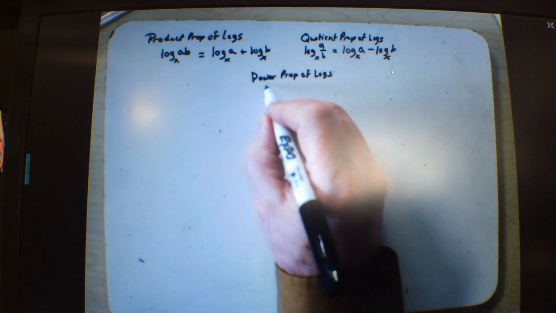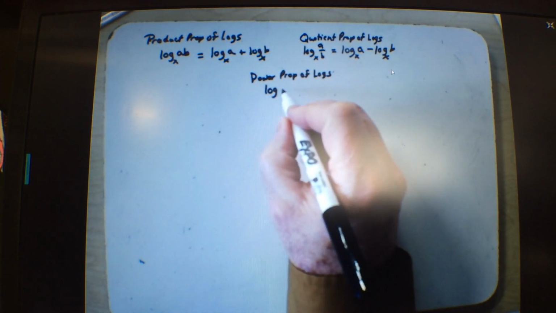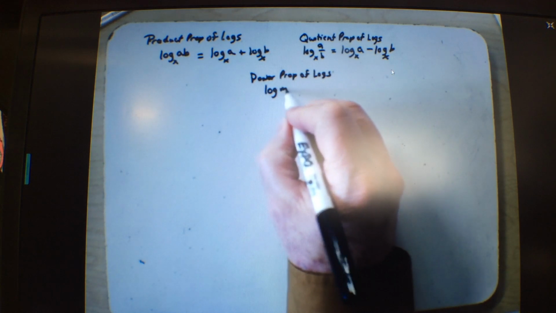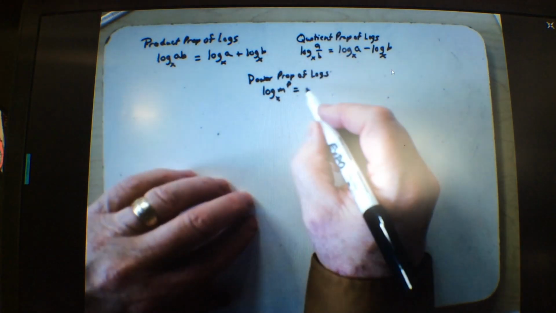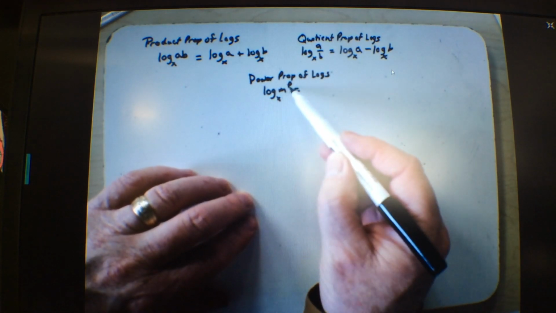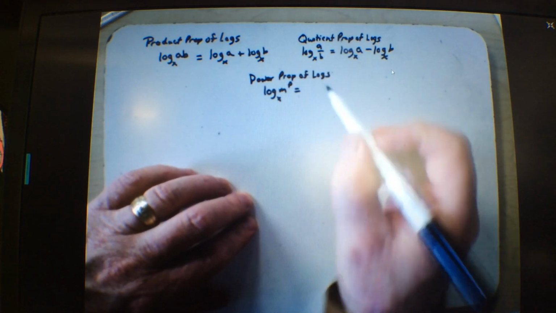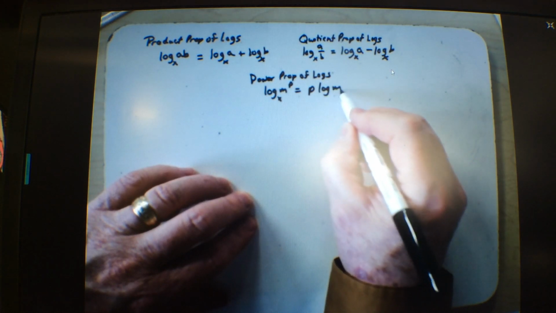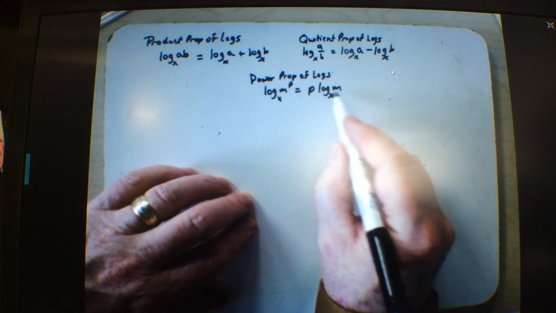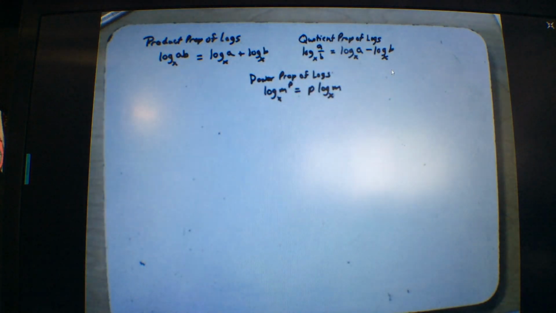It says if we have the log of some number, we'll call it n, base x to the p power, it's some number to the p power, we can bring the p out front and have p times the log of n base x. And these three properties we're going to talk about today. And they all work, all right?